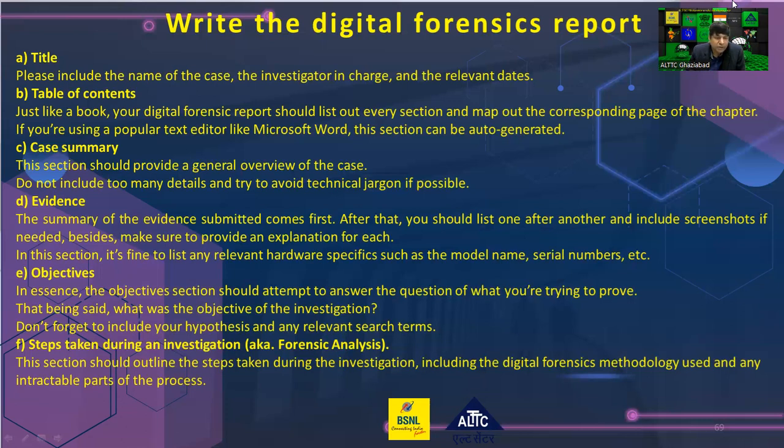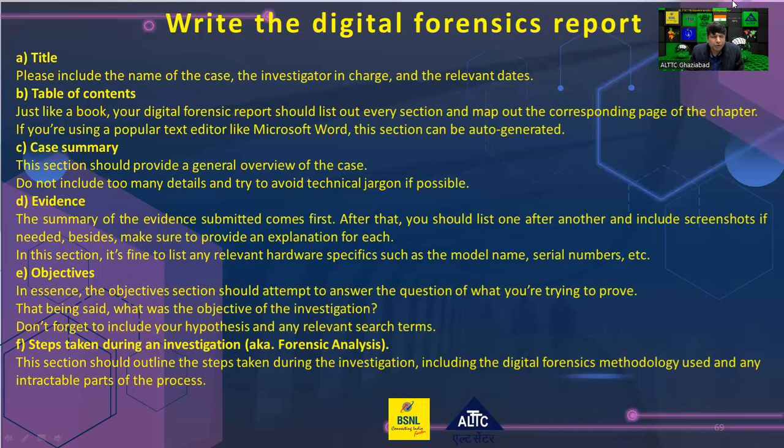Objective. In essence, the objective section should attempt to answer the question of what you are trying to prove. That being said, what was the objective of the investigation? Don't forget to include your hypothesis and any relevant search terms. Next, steps taken during an investigation, that is the forensic analysis.